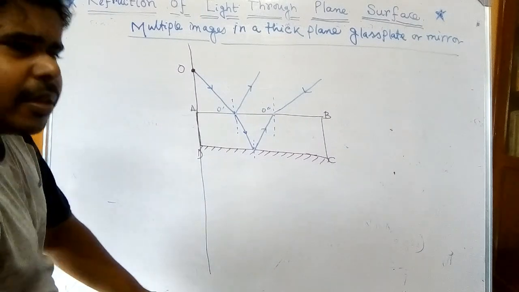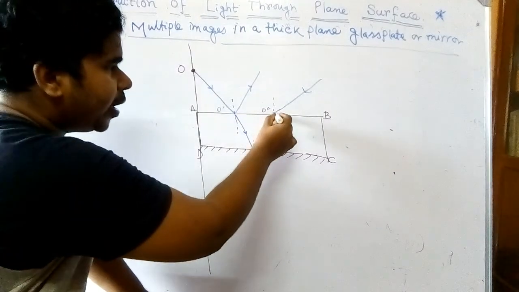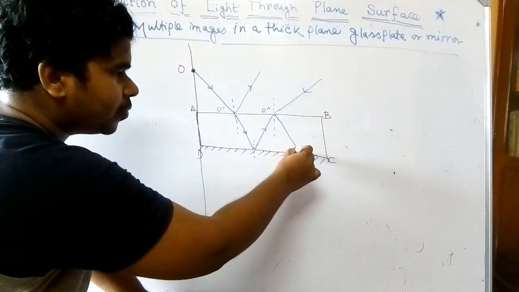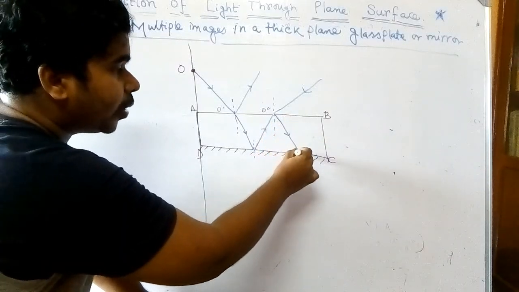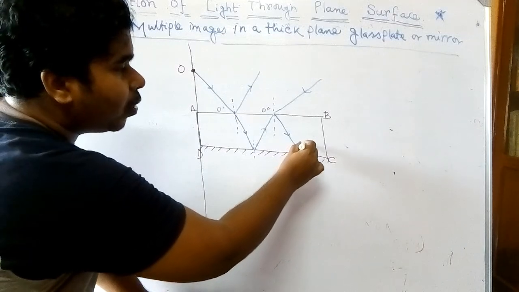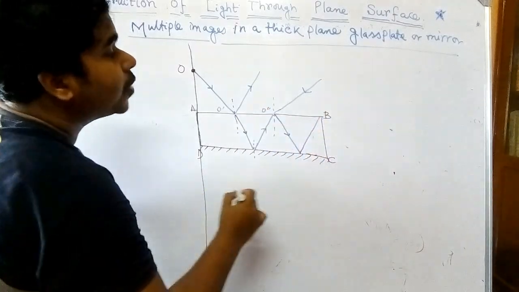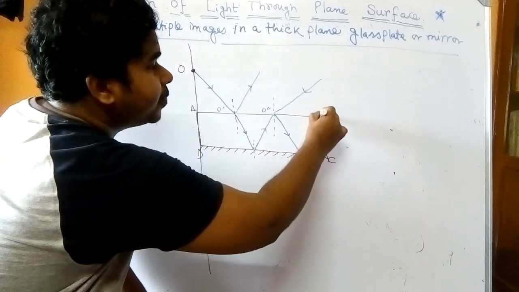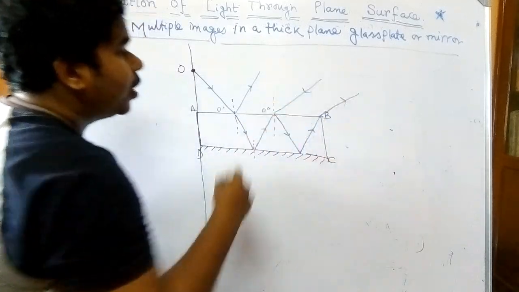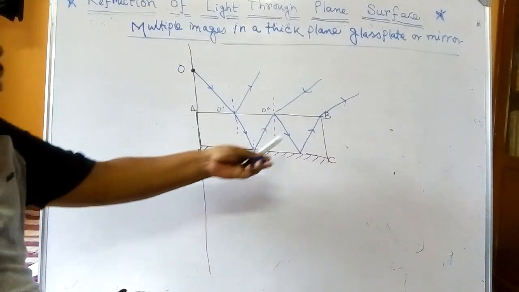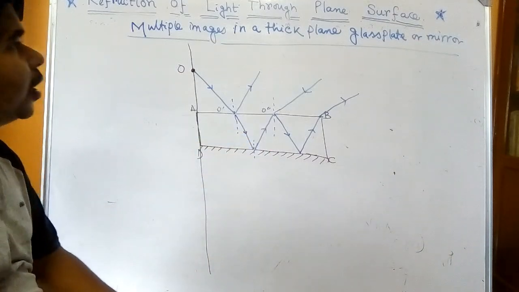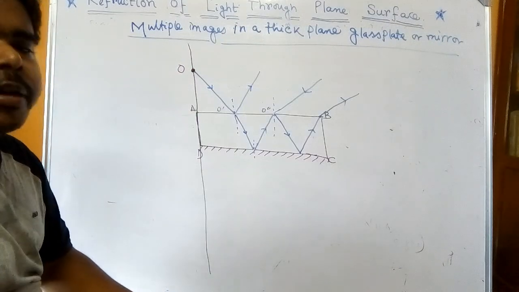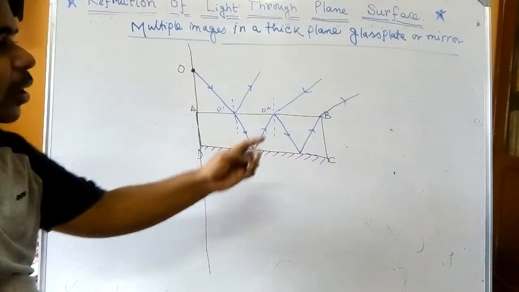But a little amount of light can also be reflected from the first surface. It is incident here, again reflected here, and from here it is deviated a little bit. So this type of multiple reflection and refraction will continue.